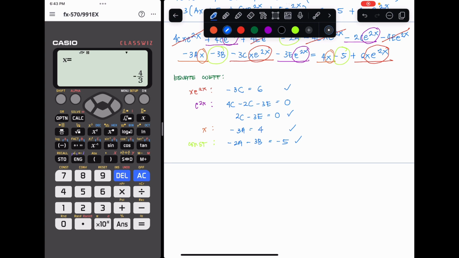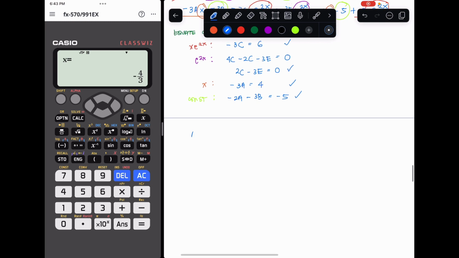So we have the value of A is negative 4 over 3, followed by B, which is 23 over 9. Then C is negative 2. And then E is negative 4 over 3.